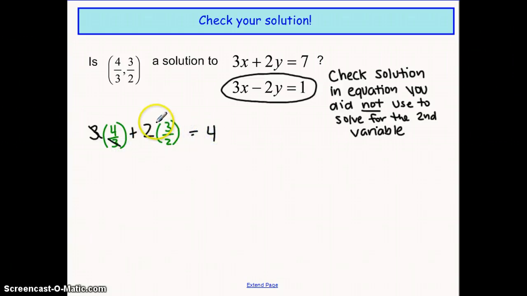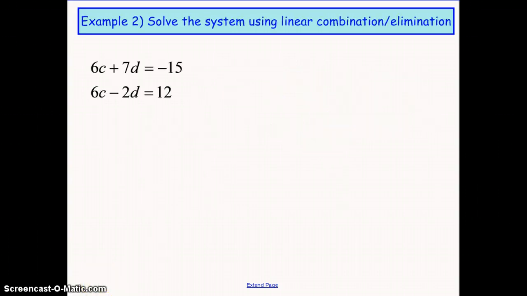And when we multiply 2 by 3/2, the 2's cancel out and we get, oh, I'm sorry, we should be subtracting here. I miswrote. We should be subtracting. So we're going to have 4 minus 3, and that does equal 1, which is what we want. So we're right. We know that this is going to be the solution to our equation.